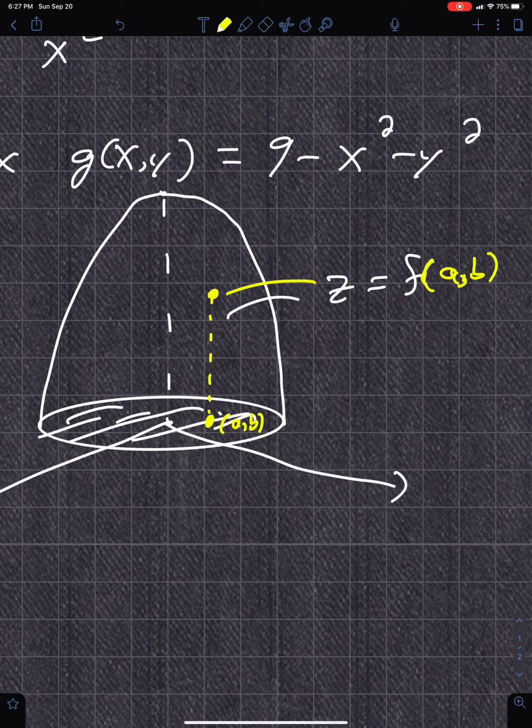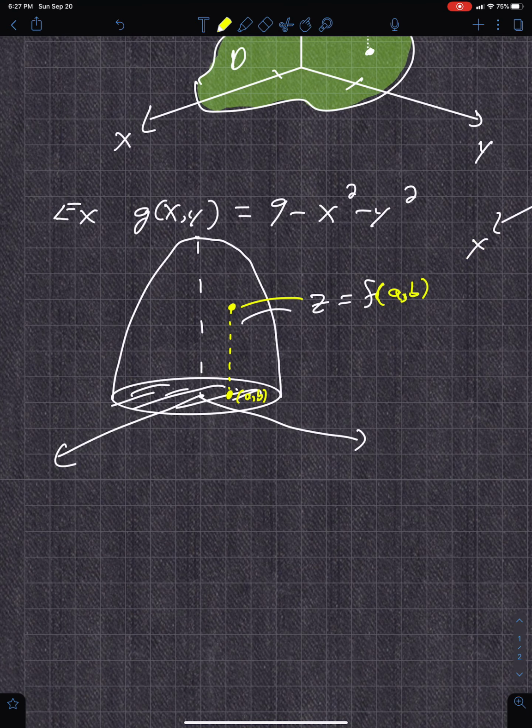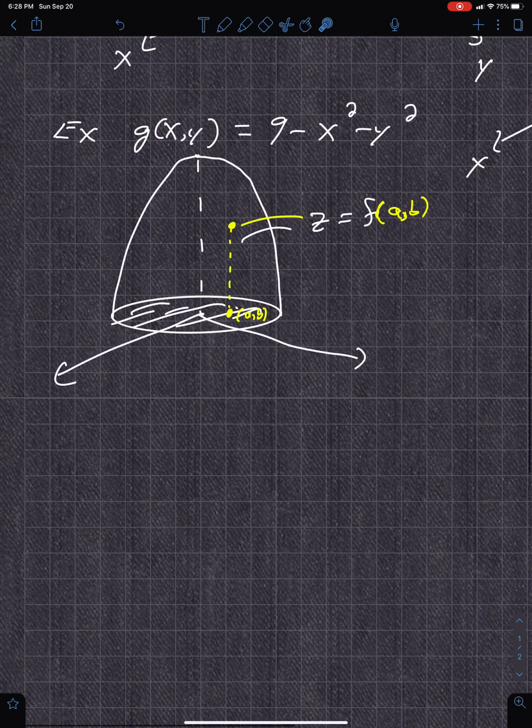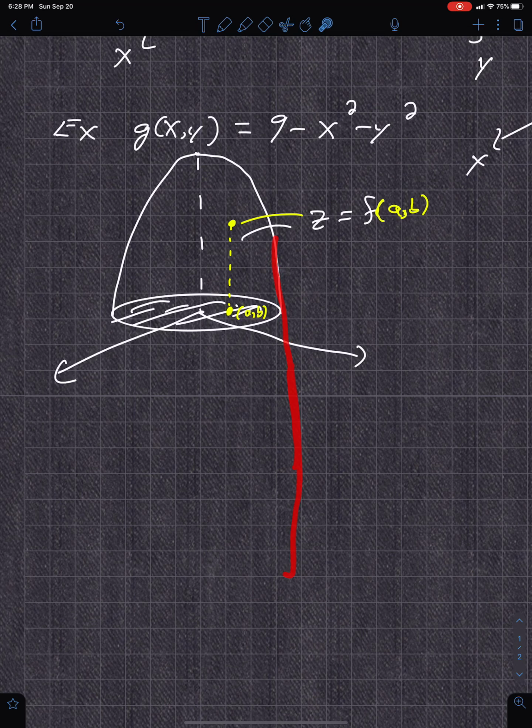This one, still you can put in any value, 0, and then as you keep on going out on the x-axis and y-axis, it's just going to go farther down and down. This thing just keeps on going like that below the axis.